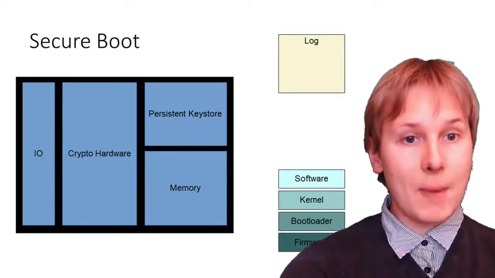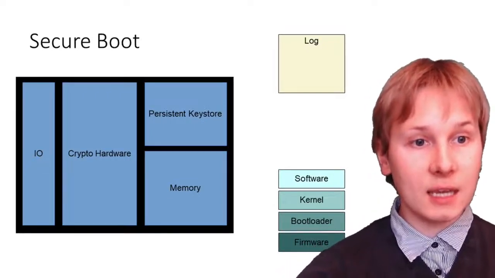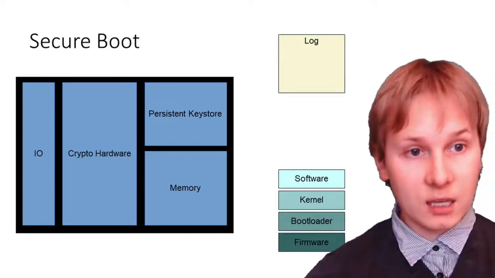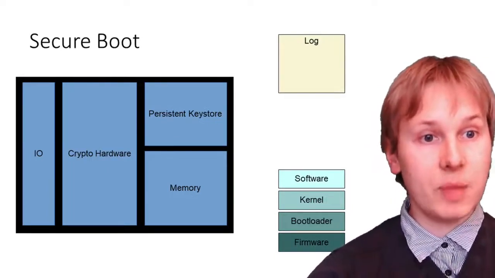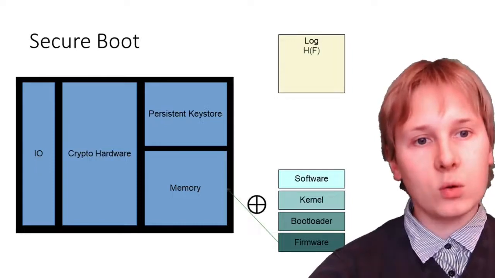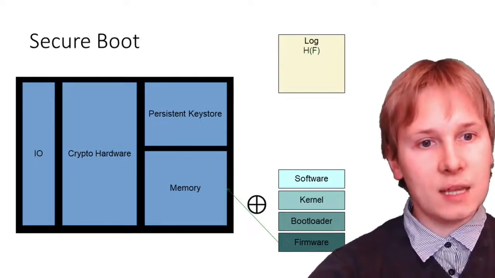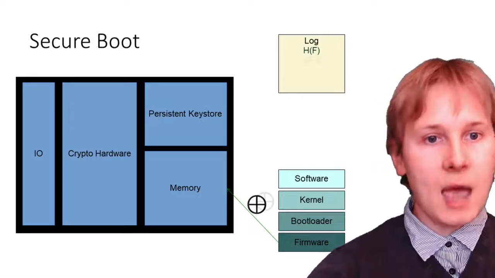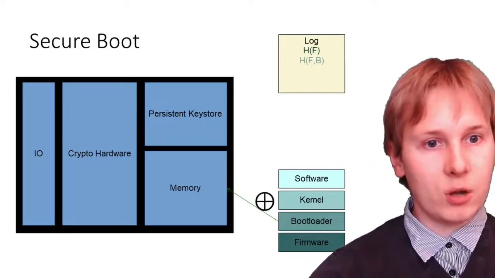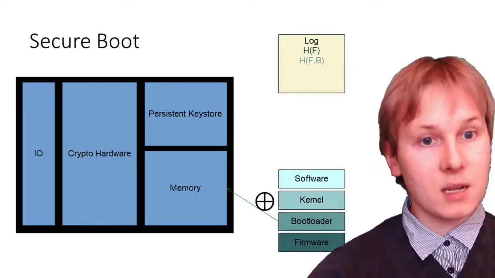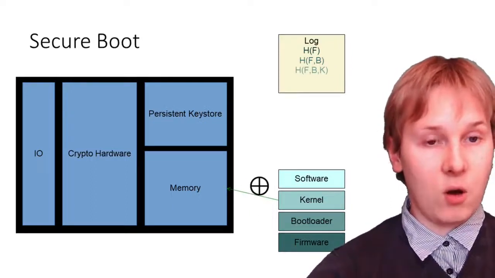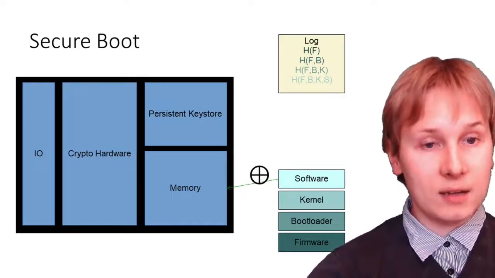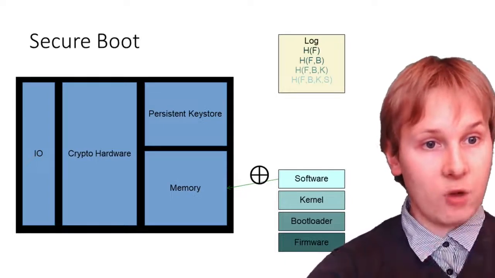So the TPM measures if each of these things is secure or not, and assuming it gives it the A-OK, it can then measure if the next thing in the chain is correct. So we effectively take our firmware measurement, XOR it into the memory, take our bootloader measurement, assuming the firmware one was correct, XOR that in, take our kernel measurement, XOR that in to our memory, and then XOR in the software running above that.